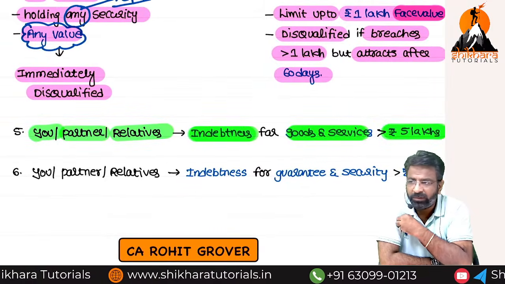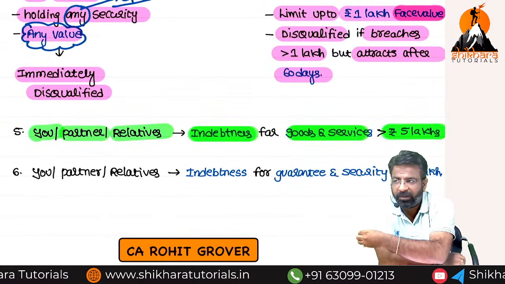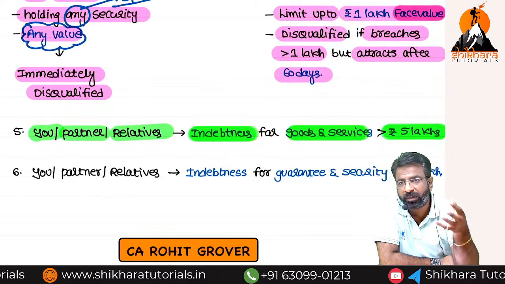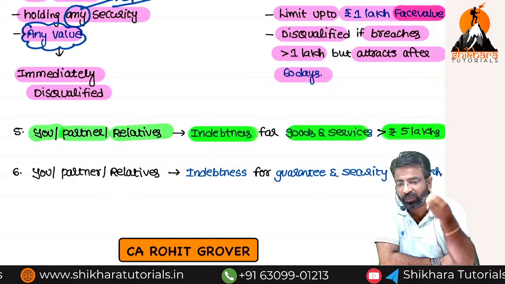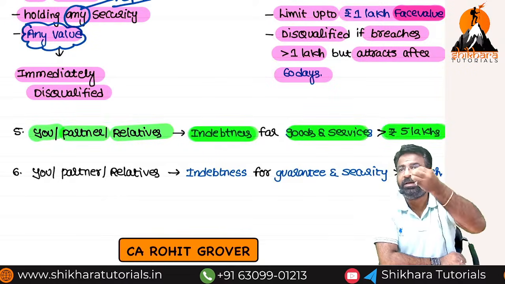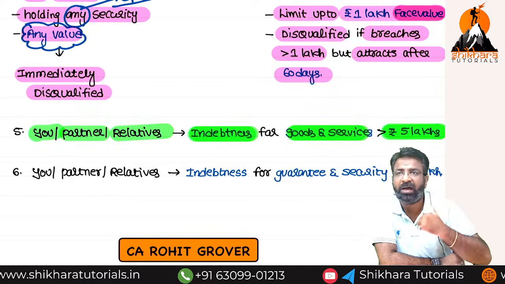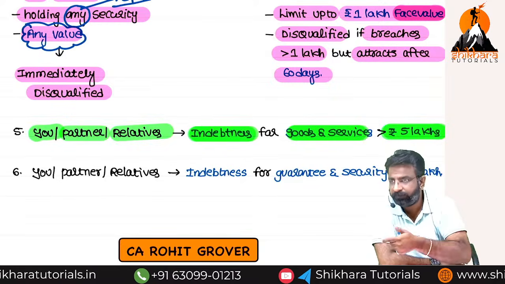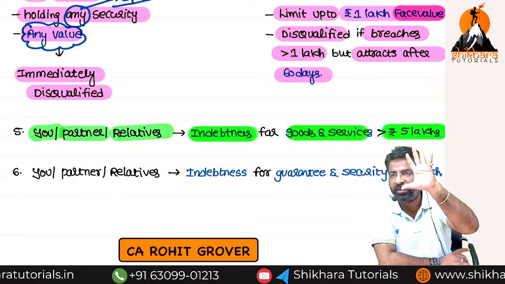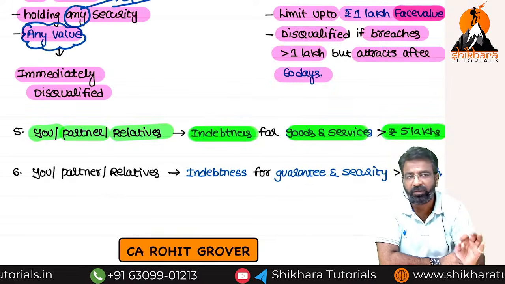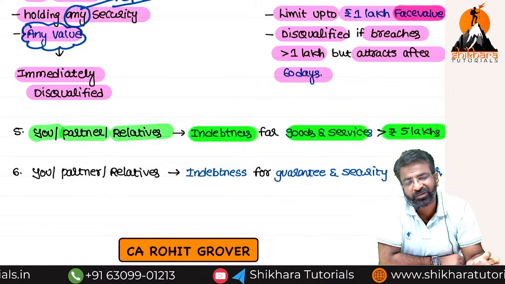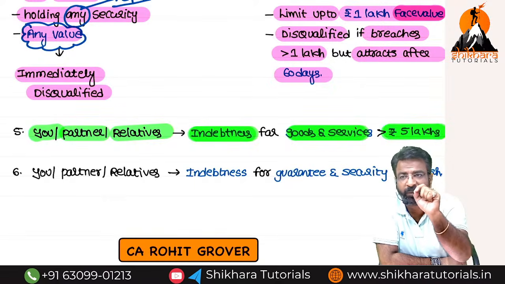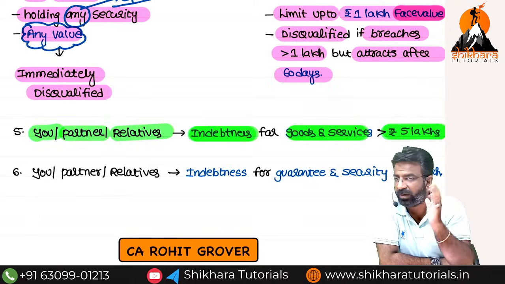If me or my partner or my relative have bought goods and services from our client on credit basis, we are indebted to the client, and the invoice value is more than 5 lakh, my whole firm will be disqualified. It means law does not have a problem till 5 lakhs. 5 lakh 1 rupee or 1 paisa will make you disqualified.